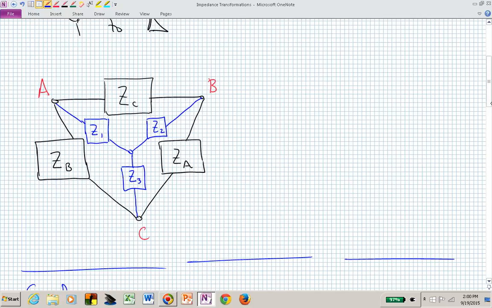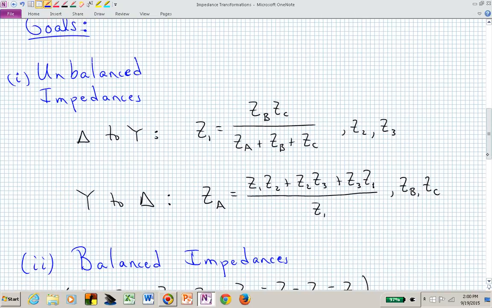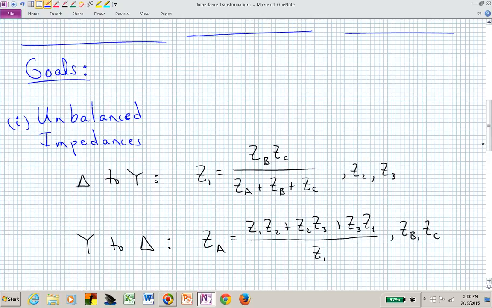We want to then determine if we have this delta configuration, Z sub A, Z sub B, and Z sub C, can we obtain a new configuration in the Y, the Z1, Z2, Z3? And we will start with the balanced impedances.